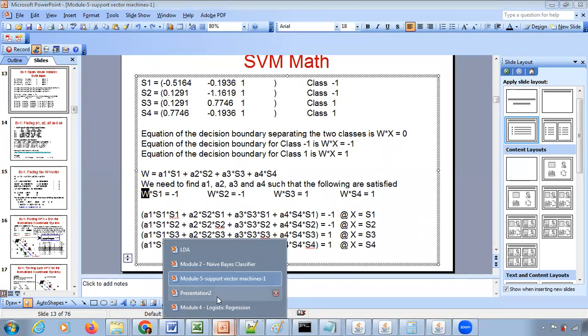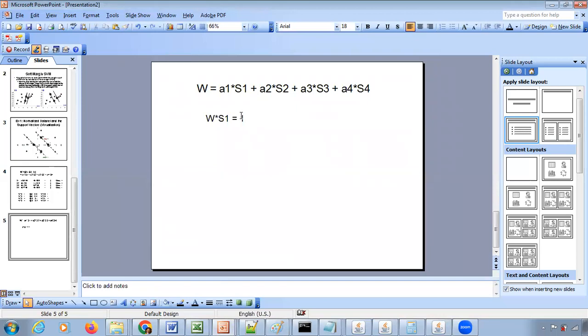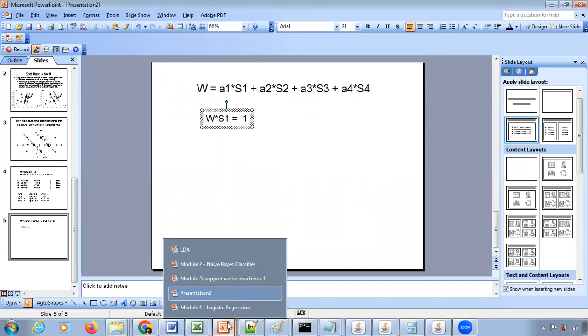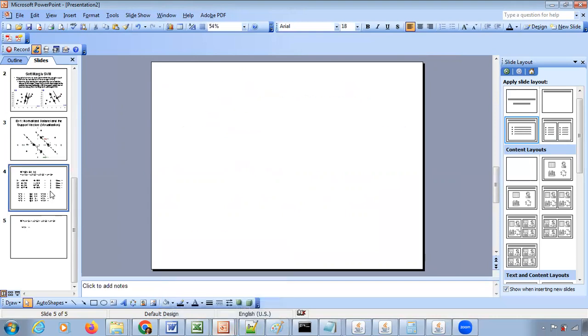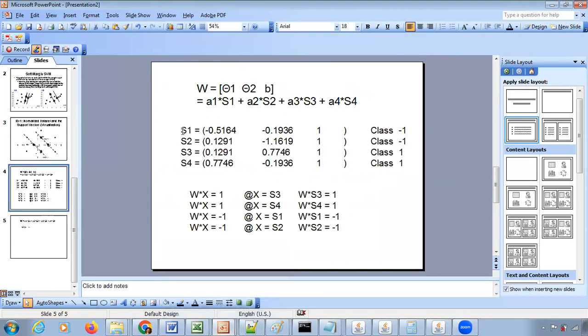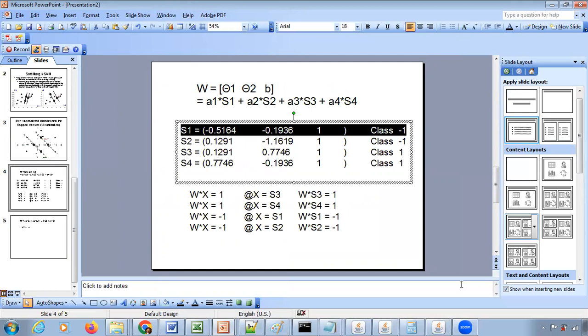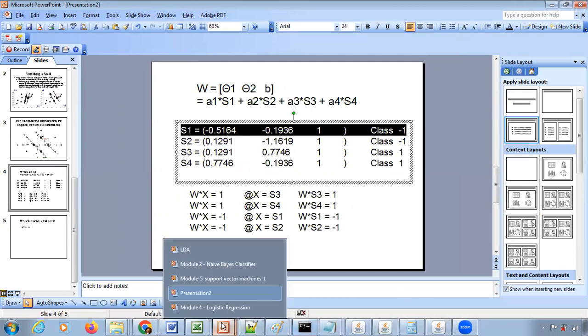So W times S1 equals -1, because S1 really corresponds to this support vector S1 that belongs to class -1. So W times S1 should be equal to -1. W times S2 should be also equal to -1, and then W times S3 and S4 should be 1.